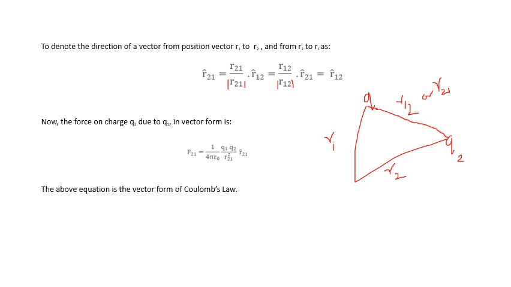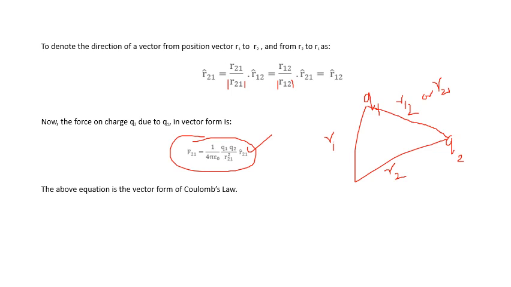Now the force on charge Q2 due to Q1 can be written as F21. This is 1 upon 4 pi epsilon 0, Q1 Q2 upon R21 square, with this unit vector.